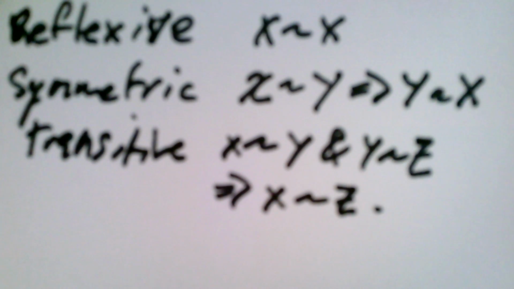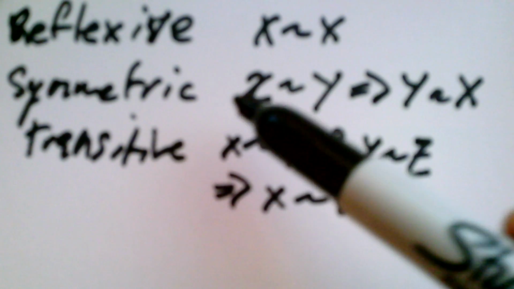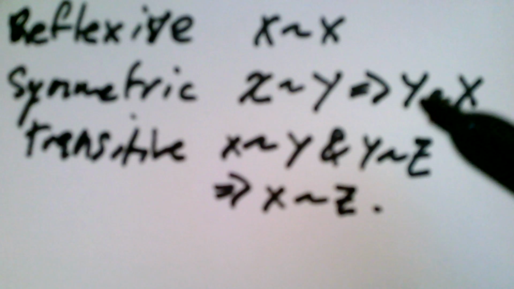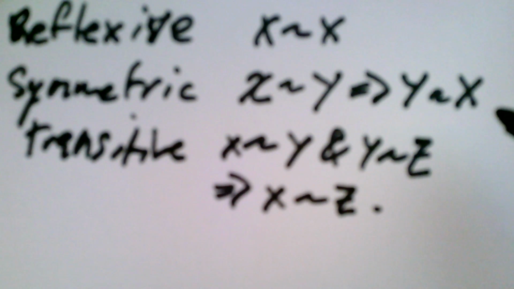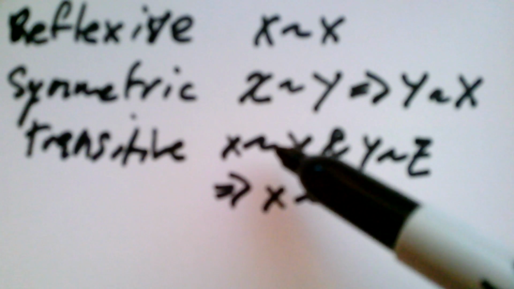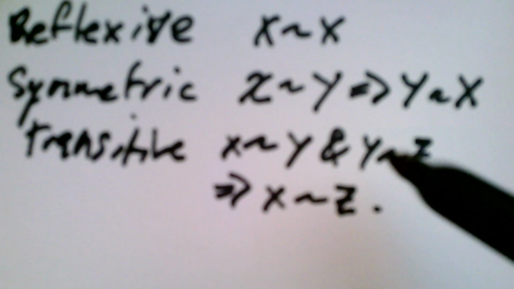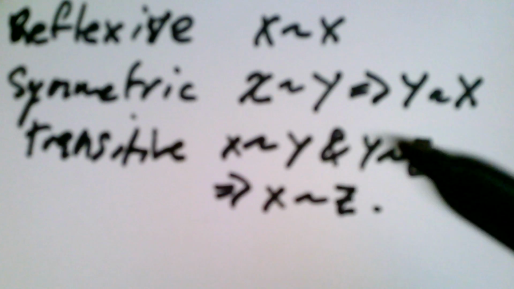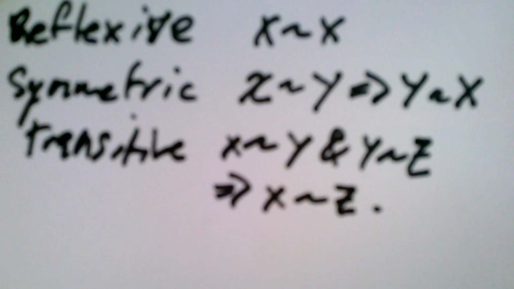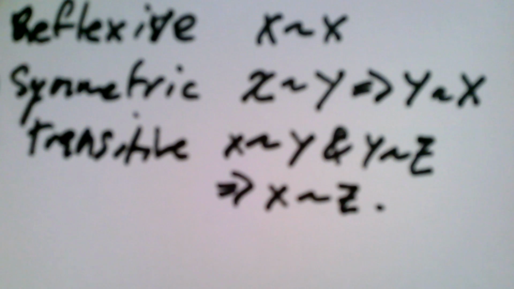Every triangle is similar to itself. If one triangle is similar to another, then the second is similar to the first. If A is similar to B and B is similar to C, then A is similar to C. So triangle similarity is an example of an equivalence relation. But it allows us to define when things are equal enough for our situation at hand.